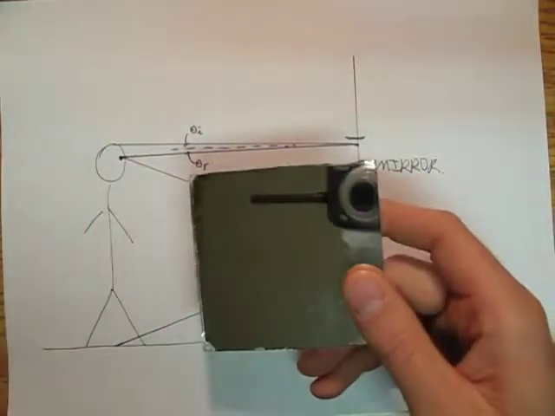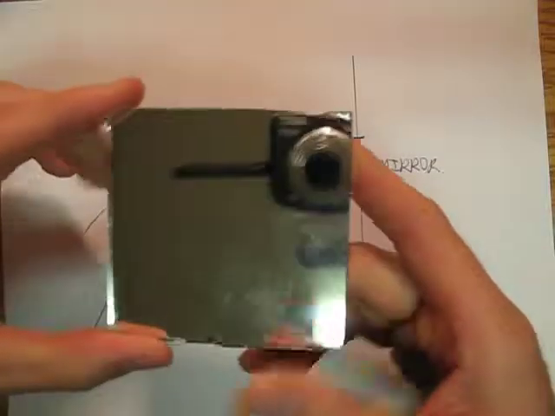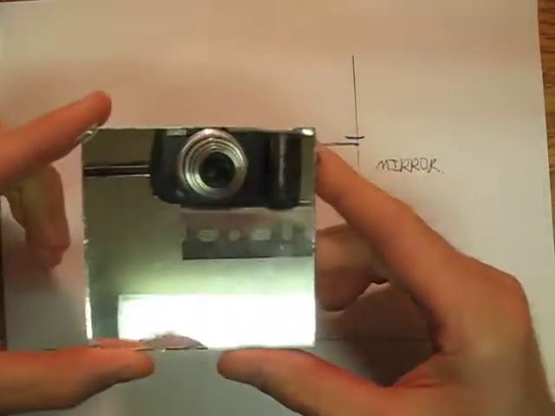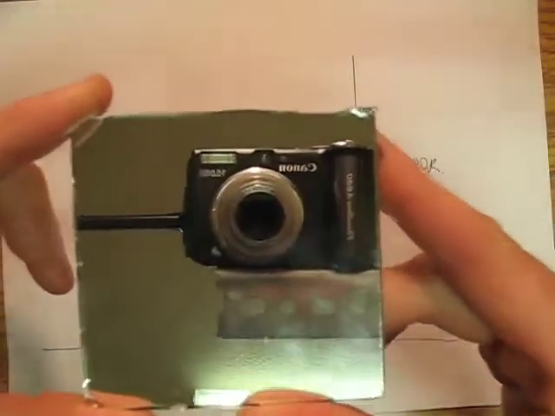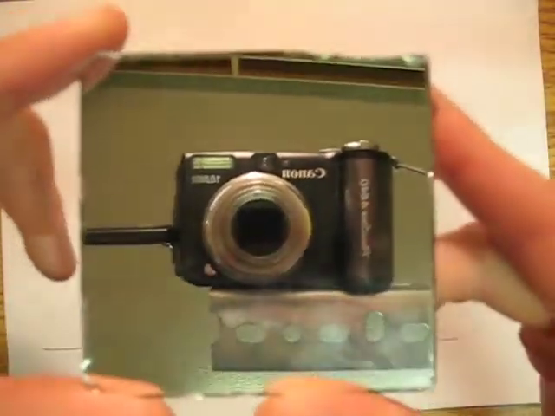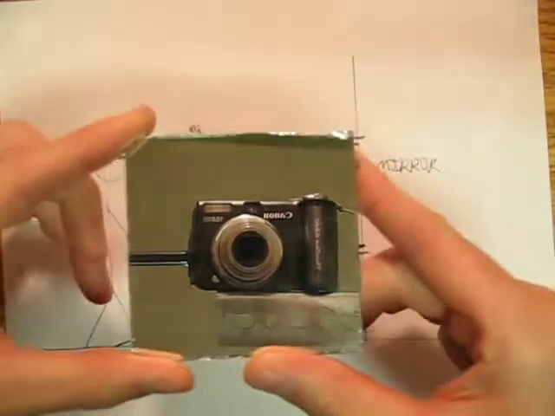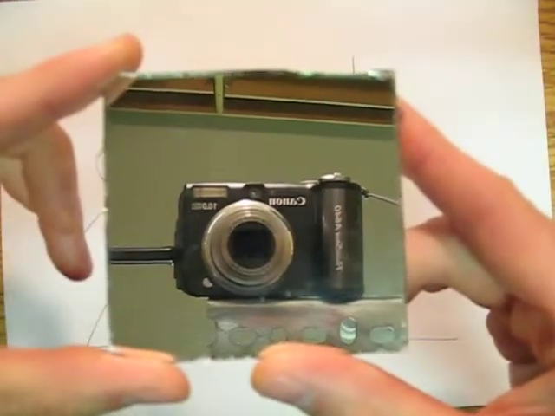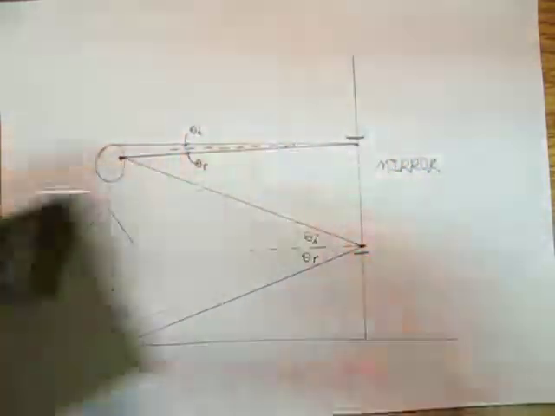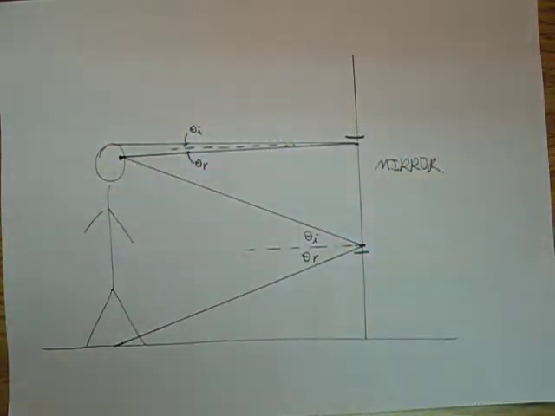You'll just have to think about that. So here's the mirror, here's the camera. It's kind of hard for me to see, but if you look, the camera gets bigger or smaller, but the relative spacing in the mirror stays the same. Okay, that's that video.